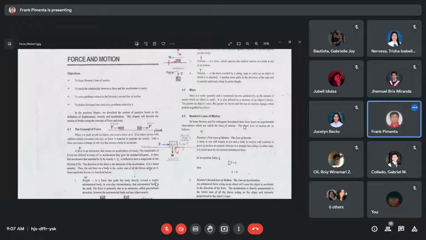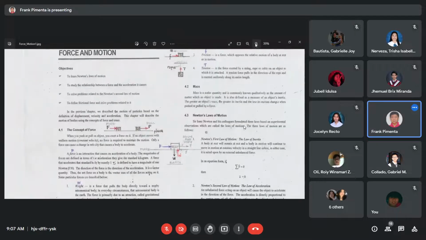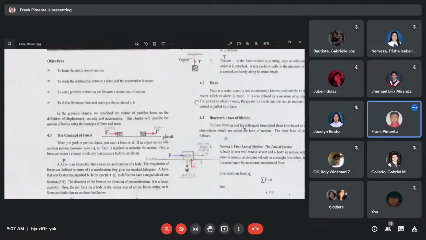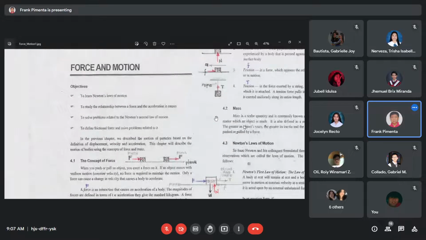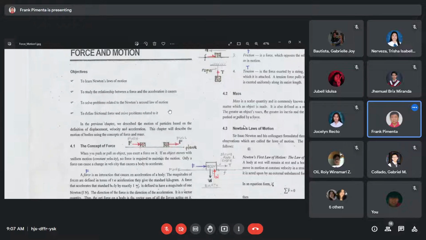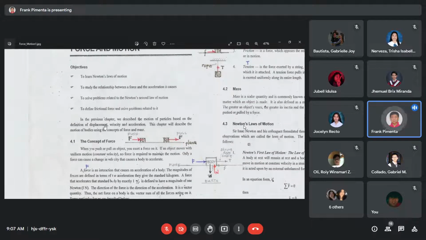Force and motion. Letter number 4 is force and motion. It says here, in the previous lessons, we described motion of particles based on the definitions of displacement, velocity, and acceleration. So you are already experts on these quantities.